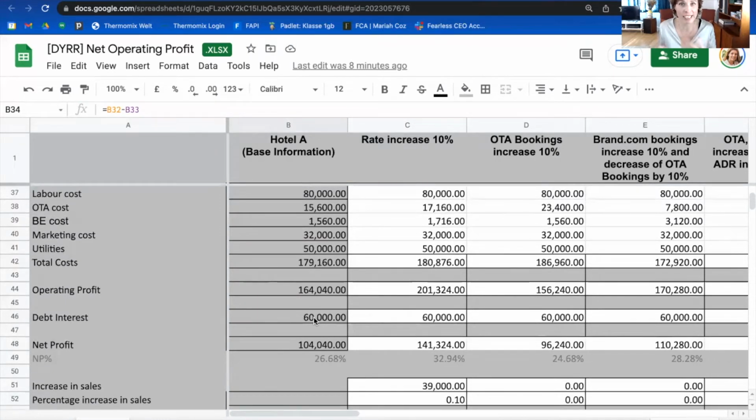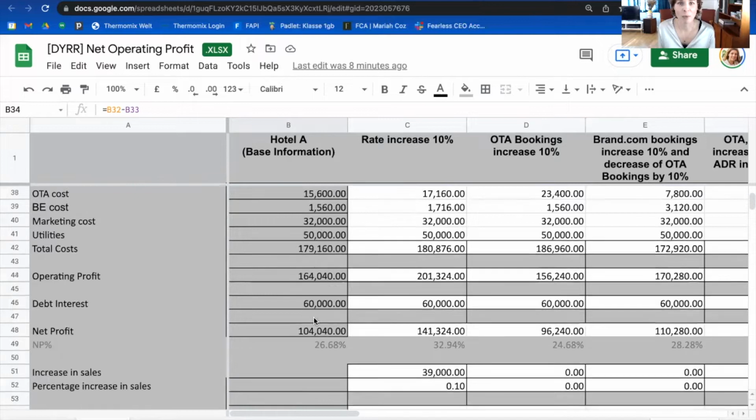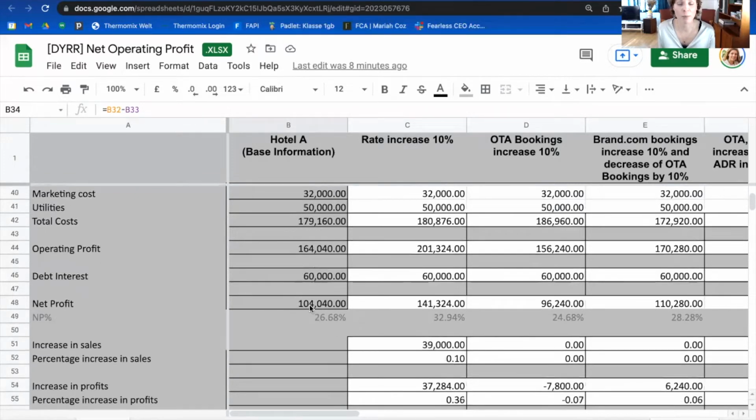So I will deduct another 60,000 and I will end up with a net operating profit of 104,040. So it means I have earned 390,000 and what is left is 27%, roughly 26.68%. Perfect.